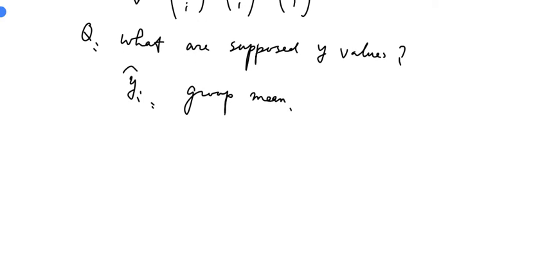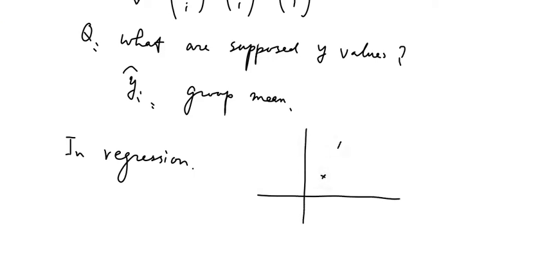Okay. So in regression, what is yi? Let's say the data is like this. If we assume they have this relationship, y equals a plus bx.